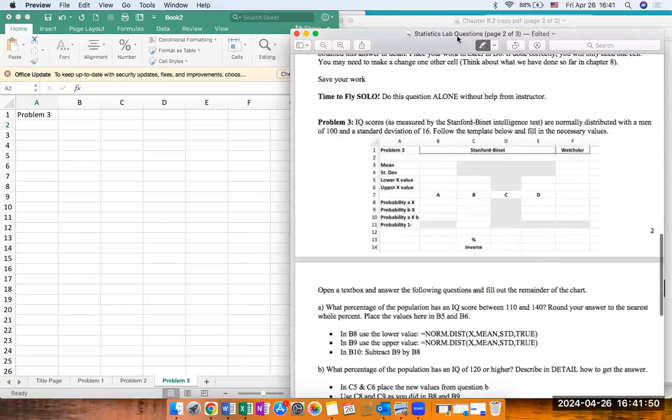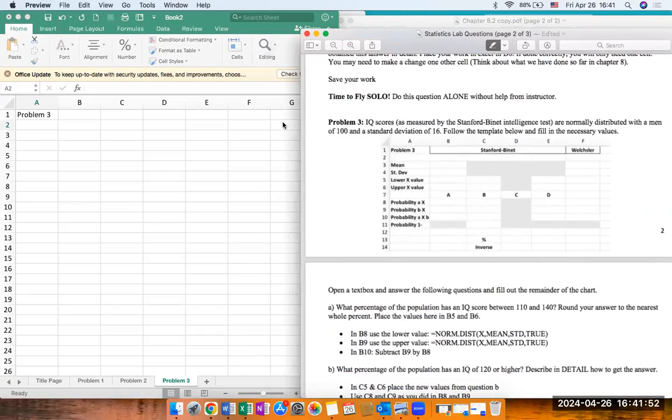All right, so let's try out this problem. It says, problem 3: IQ scores, which are measured by the Stanford Binet test, are normally distributed with a mean of 100 and a standard deviation of 16. Follow the template below and fill in the necessary values.